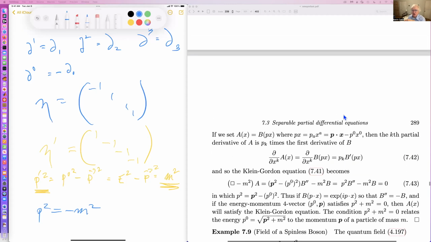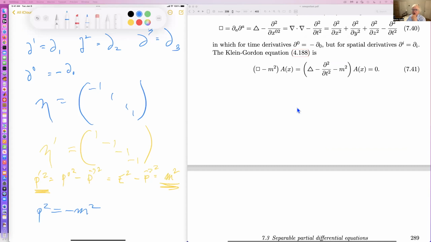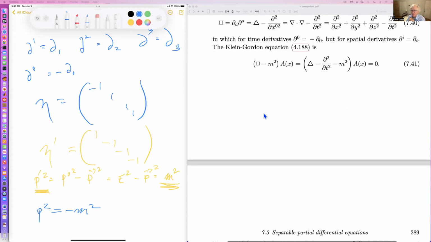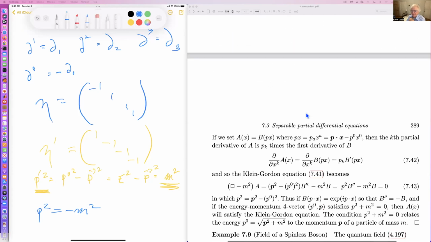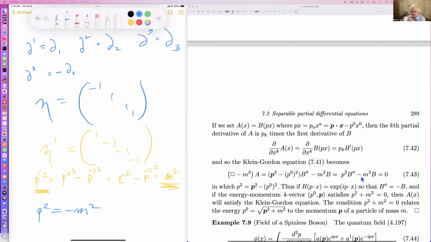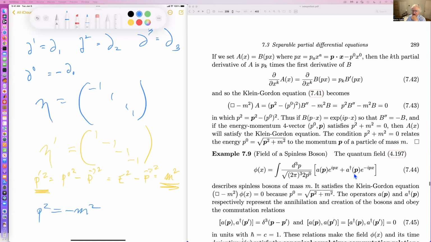Right, this should have been a plus sign, actually. So I screwed up. This should be a plus sign. That should be a plus sign. Because then p squared is minus m squared, and the m squared cancels. That's with this notation. With the more common notation, this is the equation.